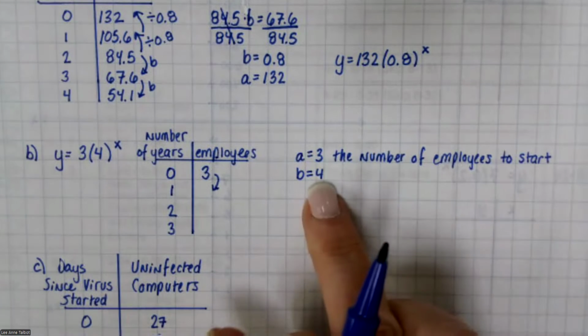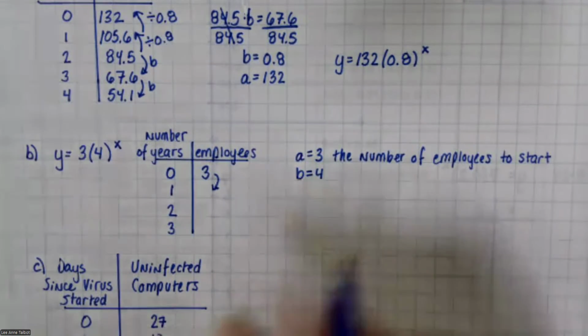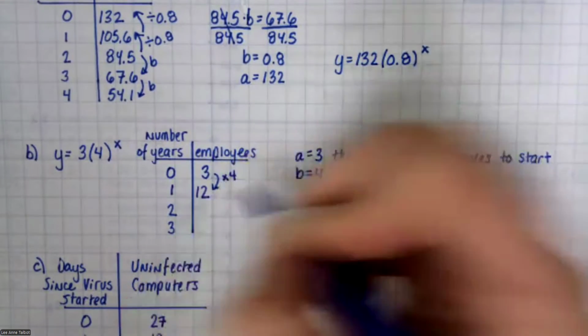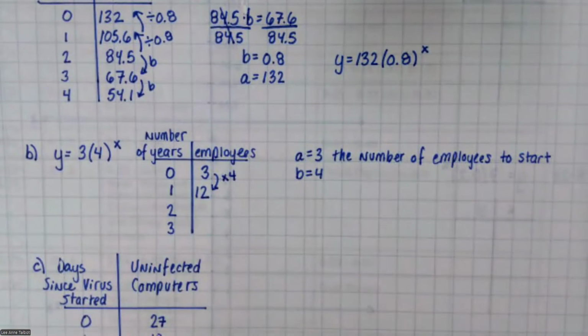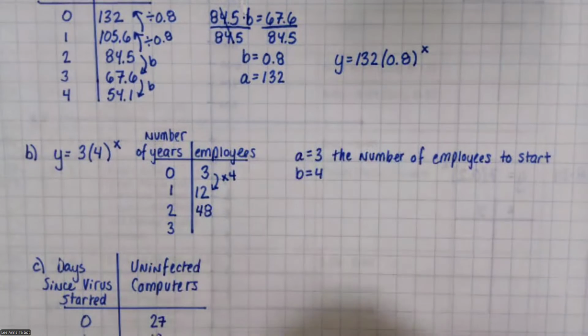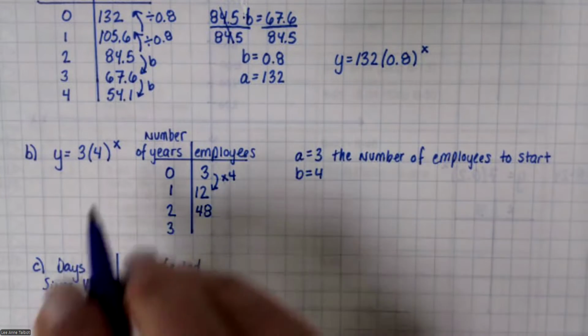If B is 4, multiply, beautiful. So they had 12 employees in the first year, 48 employees in the second year, and then 3.